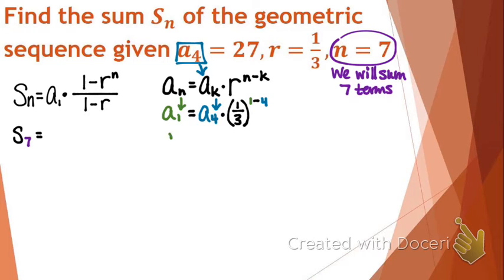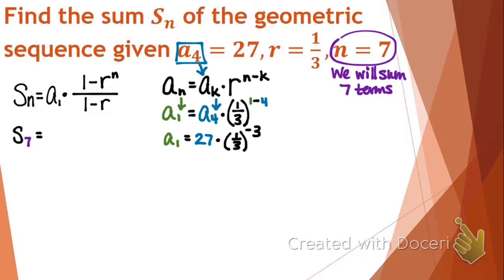We don't know what the first term is, so I'm going to leave that as a sub 1. What would I substitute in the place of a sub 4? 27, times 1/3 to the -3 power.